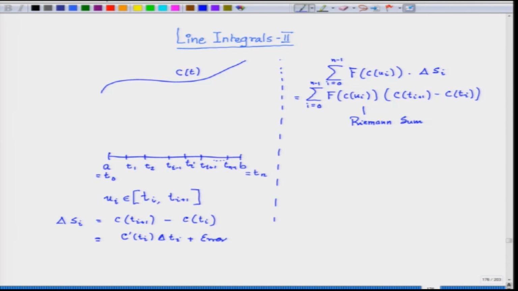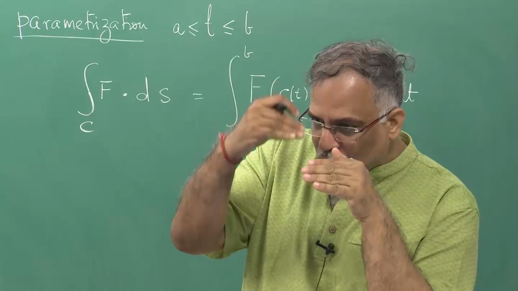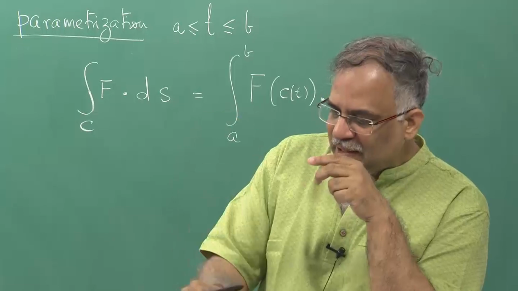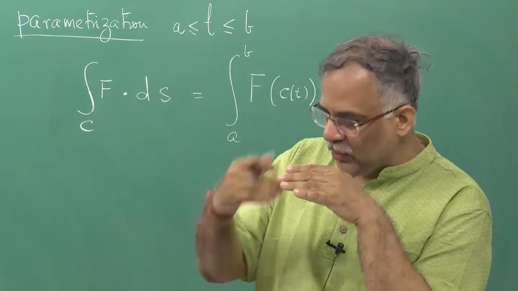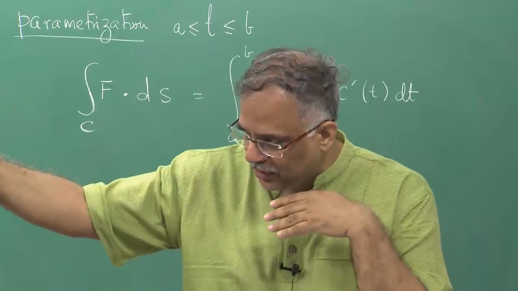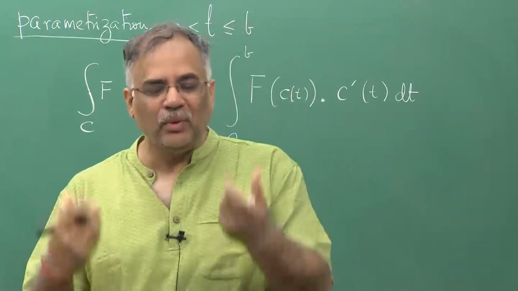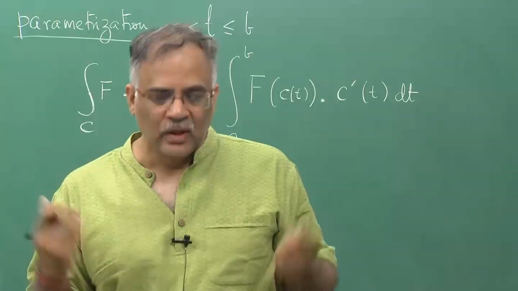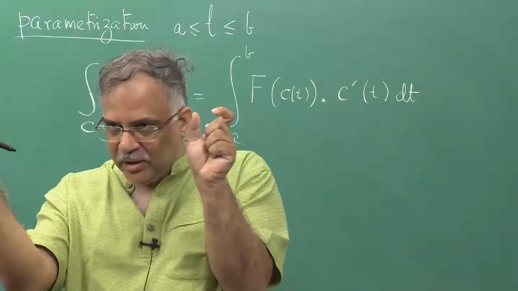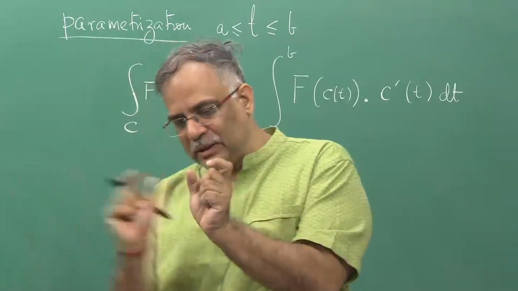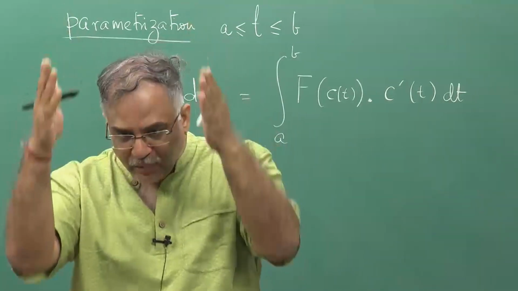Please understand, ti is a real variable. You can say the function is in R3, but for each component of C(ti plus 1) minus C(ti), there are 3 components, the x, y, z basically. On the x part I am applying the first order Taylor's expansion, on the y part and the z part as well, and putting them together as a vector.